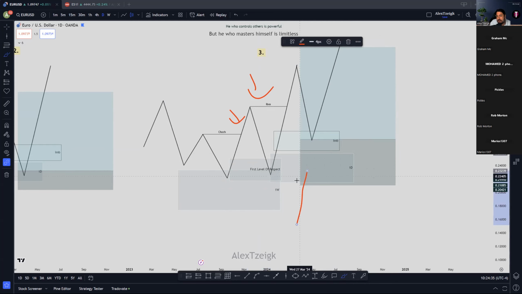And here, my beloved friends, we can choose whatever we want after we see a pullback. Why, my friends? Why are we going to wait for a pullback? Because this is how price action and price moves and works. Do you agree with me?